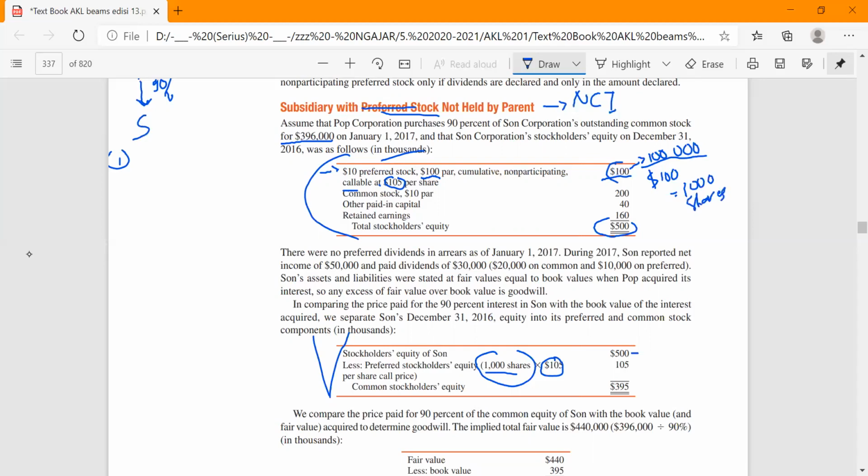So finally, we get this number: the total common stockholders' equity is $395,000. So we have just finished computing the common stockholders' equity.